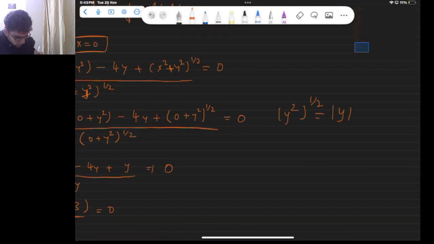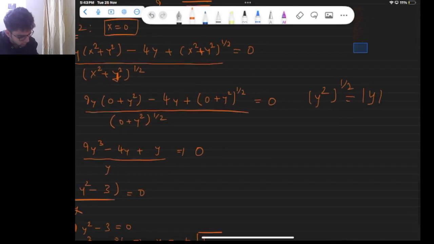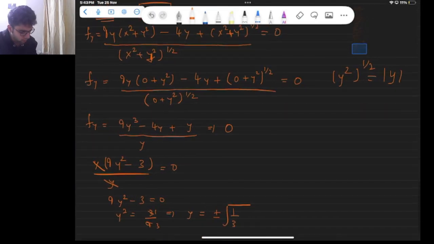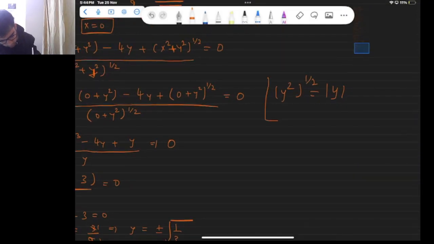I was intentionally doing all of this so that when you are seeing the video, and if by any chance you miss the mistake, I can come back and repeatedly move your attention to this fact: don't miss this out. If you miss this out, then you will be in big trouble and your answer will come out completely wrong, because I have made this mistake again and again. That is why I'm emphasizing this fact: don't commit this error.